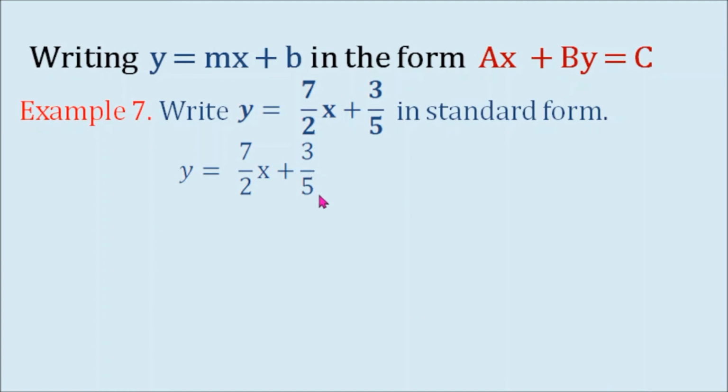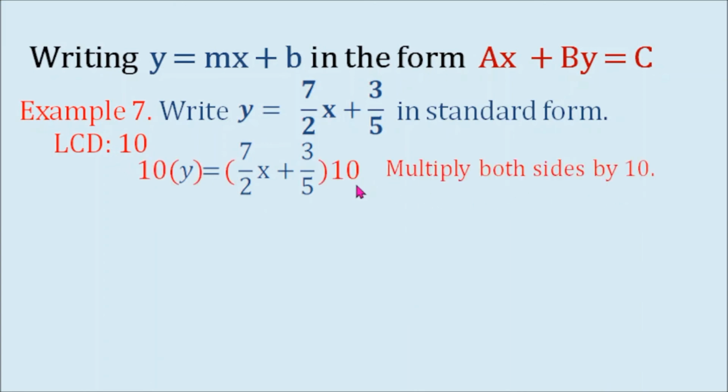So the LCD between 2 and 5 is 10. Now, we are going to multiply both sides by 10. So 10 times y is 10y. Then 10 times 7x divided by 2 is 35x. Then 10 times 3 divided by 5 is 6. So we get 10y = 35x + 6.